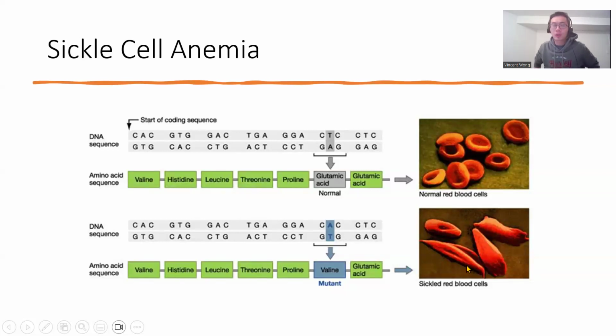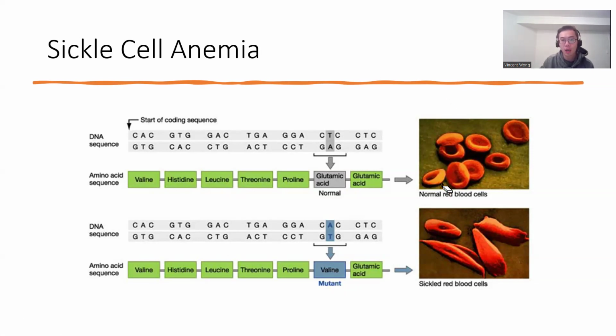These cells are not very good at transporting oxygen. They get stuck in the capillaries, and the person becomes anemic. So shortness of breath, they get tired easily. And when these sickle cells get stuck in the capillaries, they could create quite a bit of pain as well. So this is a recessive mutation.